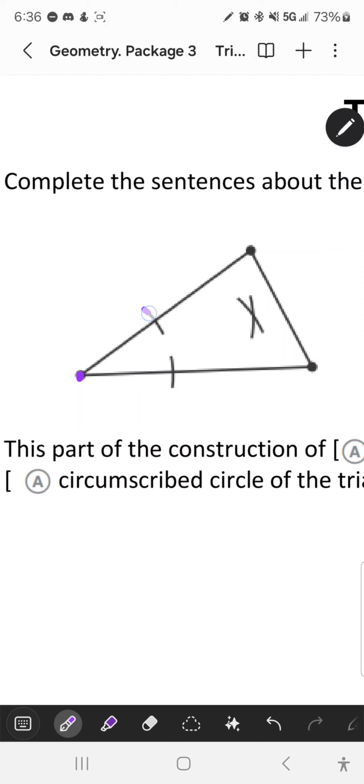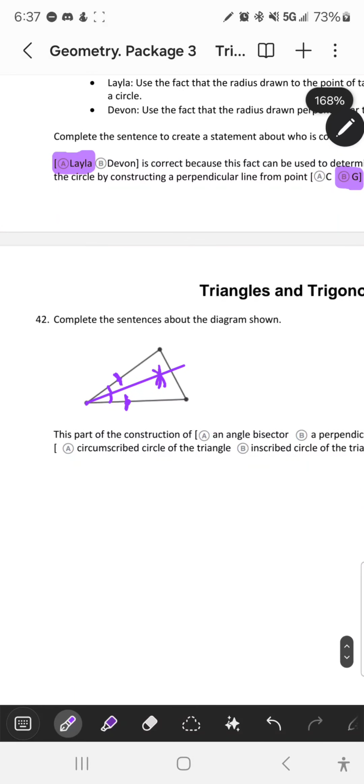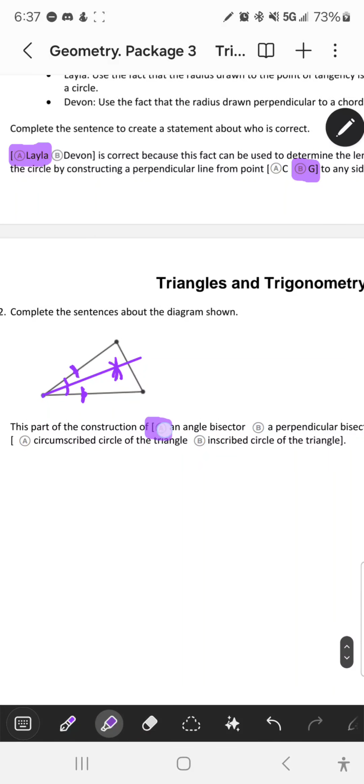We do this on one of the sides, then on the other side, and with the same width we do a mark here. Then we put it here and do the same mark, and then we draw the line through the intersection point of the two arcs. Therefore, this angle is going to be equal to this angle. That's how we do it. So this is the construction of an angle bisector, as I was just saying.